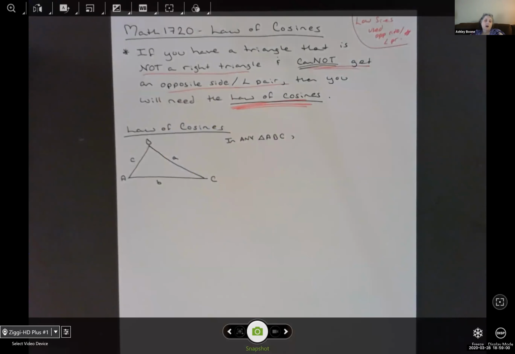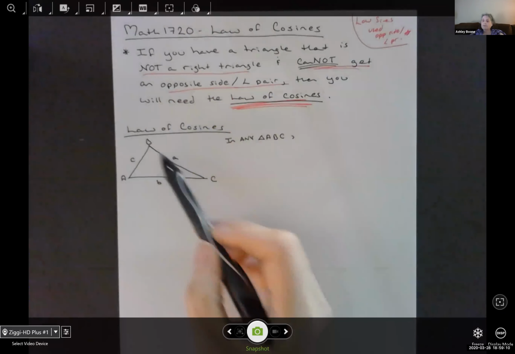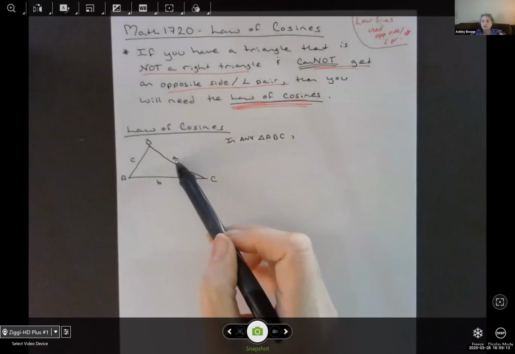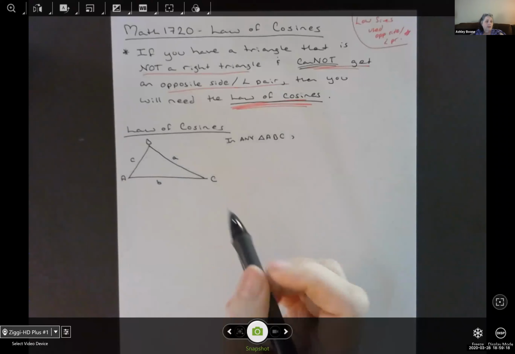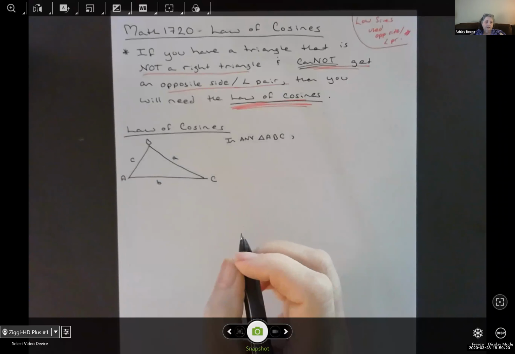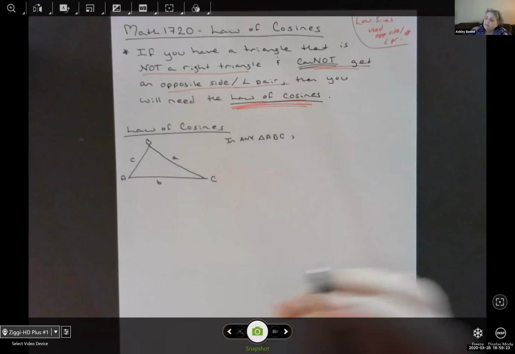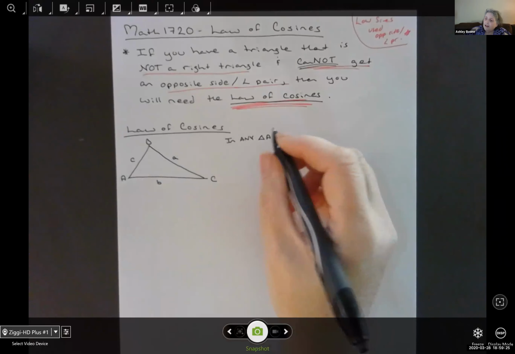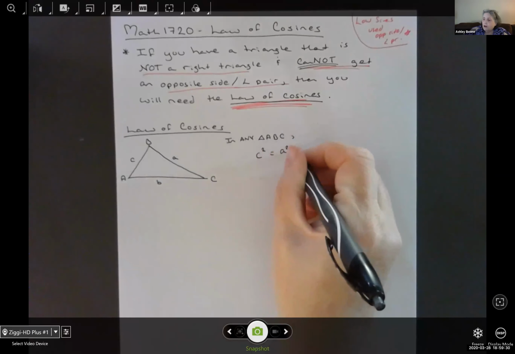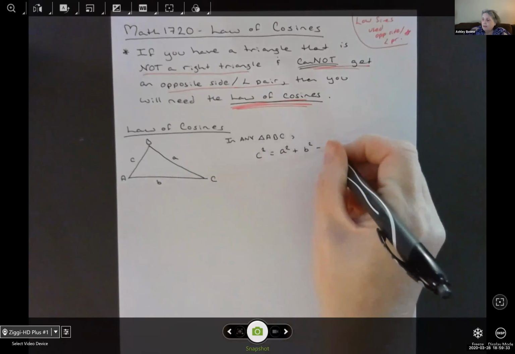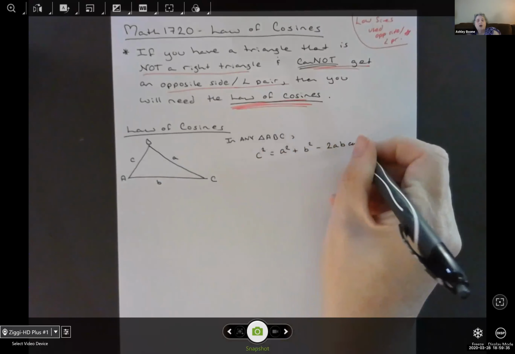So what the law of cosines says is, if you have any triangle ABC, where the opposite of angle A is side a, angle B side b, angle C side c, then if you're solving for a side, you can think of it as c squared equals a squared plus b squared minus 2ab cosine of C.